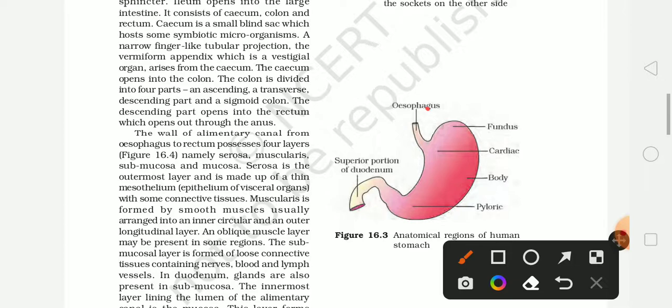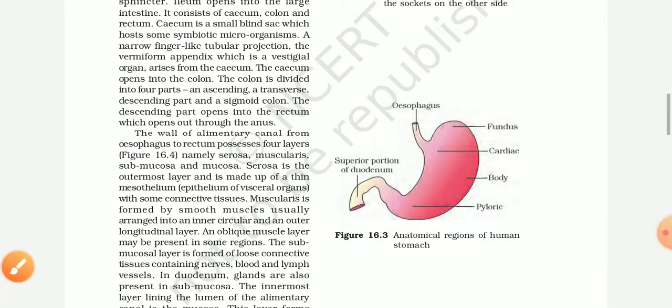It leads to the cardiac portion. Here you can see the fundic portion, and the main central cavity is called the body, and it opens out through the pyloric portion. This is the superior portion of the duodenum.